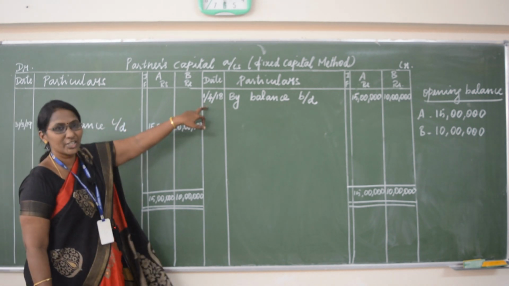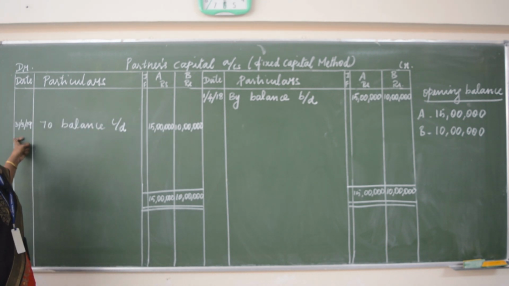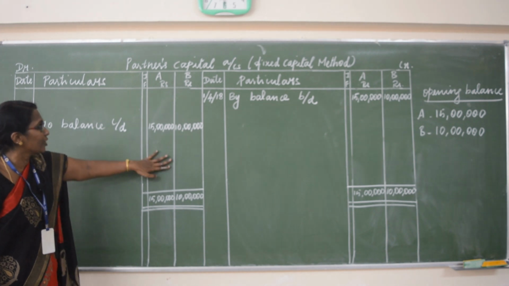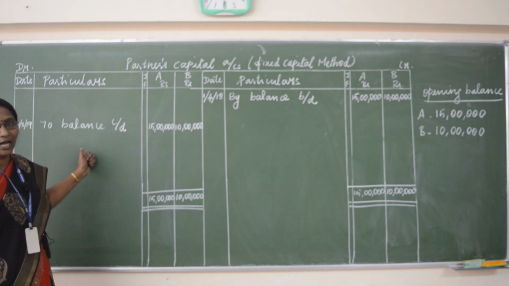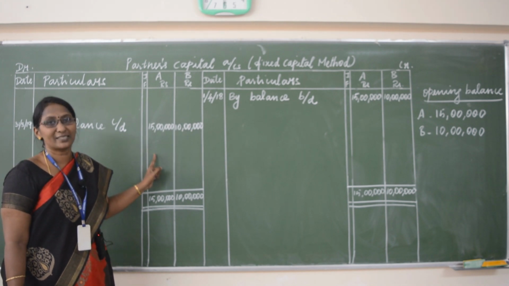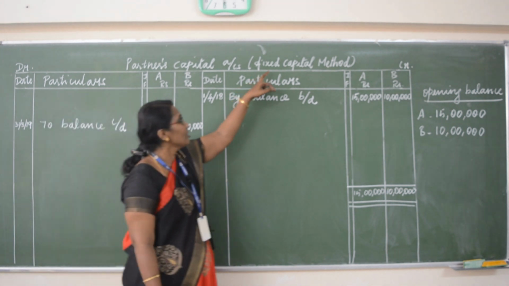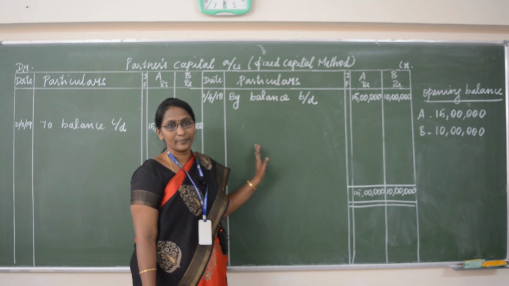So financial year starts on April 1, it will end on 31/3, March 31st. So this is the balance we got in this partner's capital account. So with this you can understand capital is fixed. It remains fixed. Under which method? Fixed capital method.